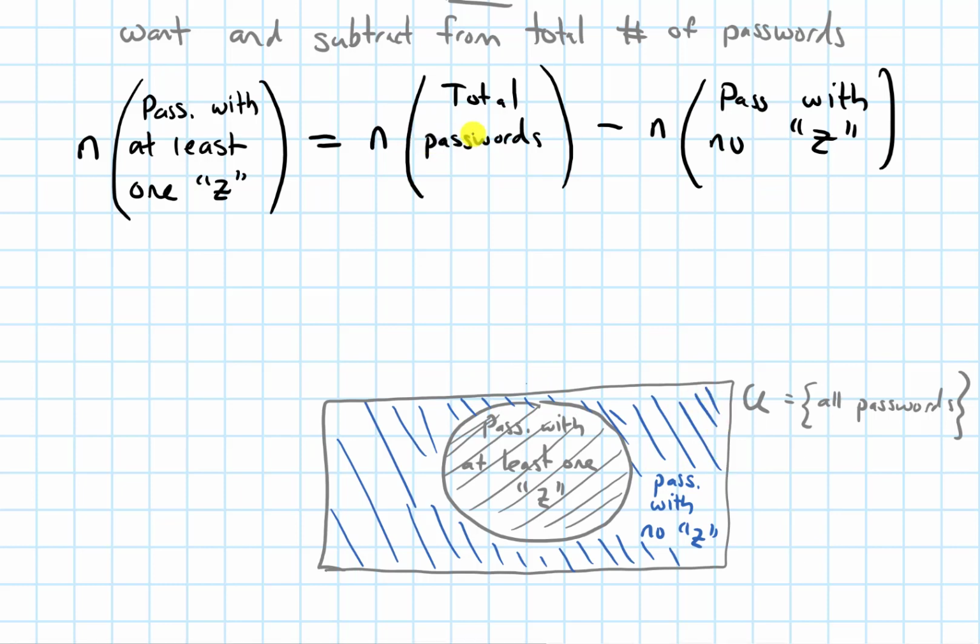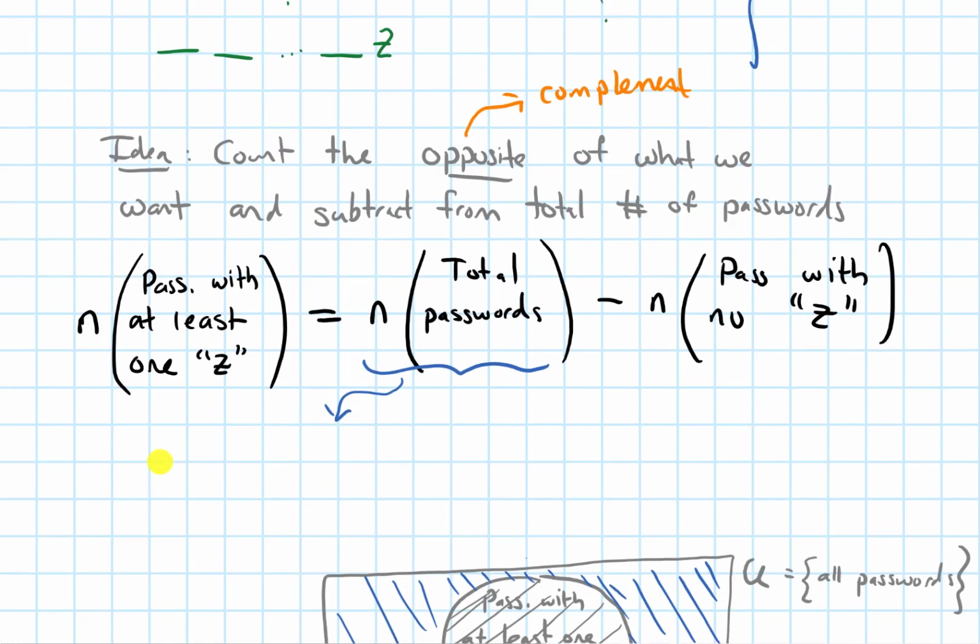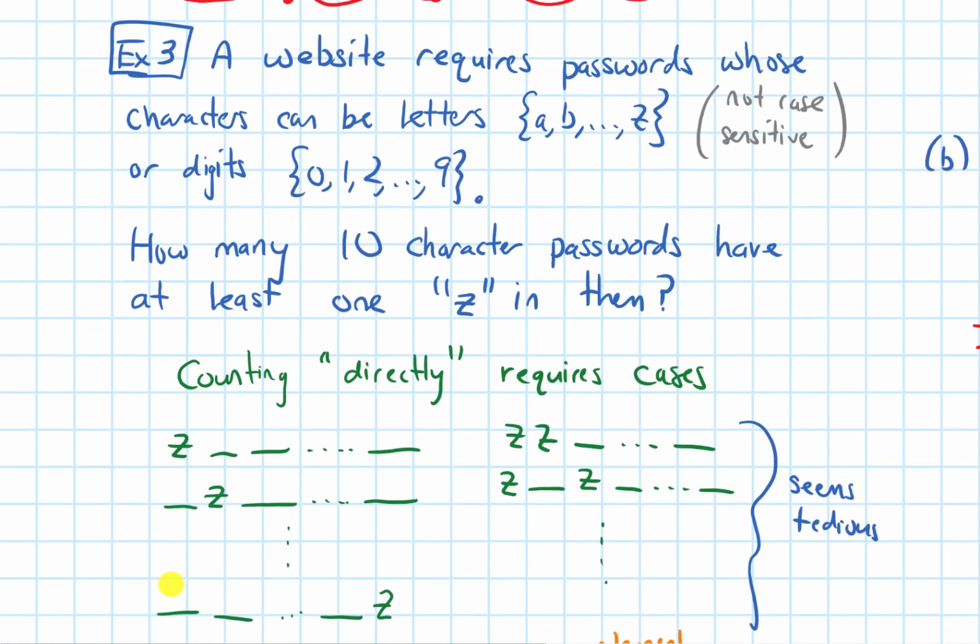All right, so let's count both of these things on the right-hand side. If I'm trying to count the number of total passwords, well, if I go back to the original problem, there are 26 letters and there are 10 digits. So collectively that means there are 26 plus 10, which equals 36 characters that can be used in any of the places in my password.